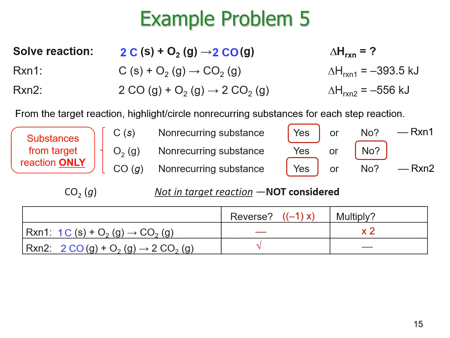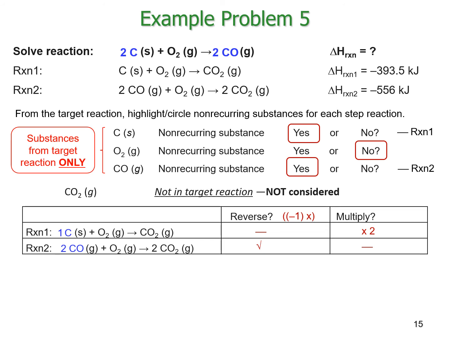So the dash means no operation whatsoever. All right, this is all we need, because we just figure out how we are going to manipulate every step reaction. For the first step reaction, all we have to do is multiply the first reaction by 2.